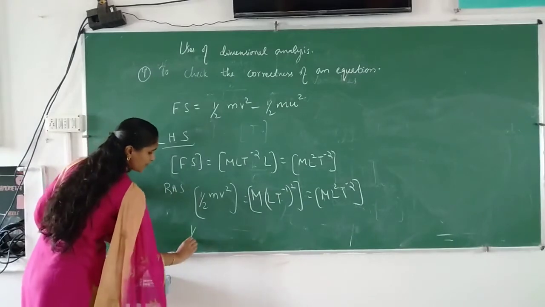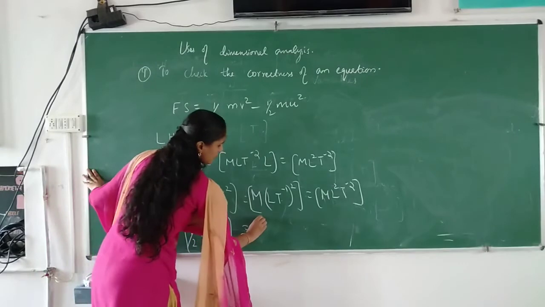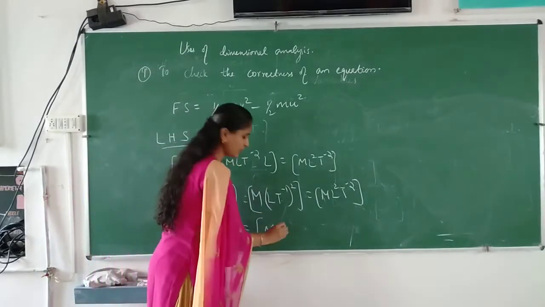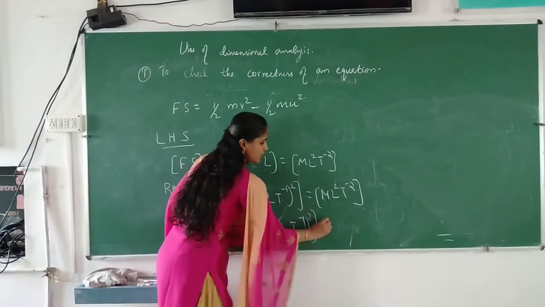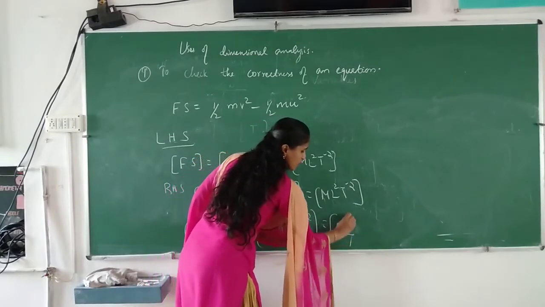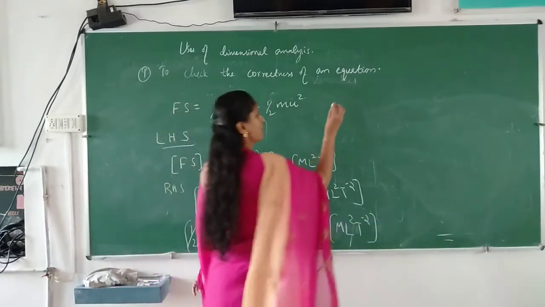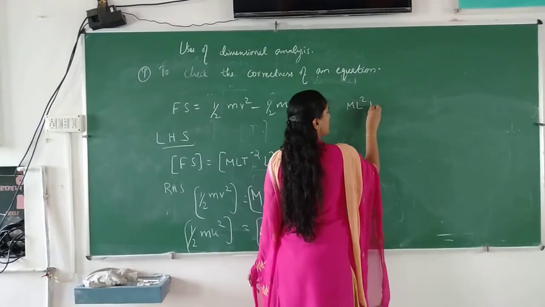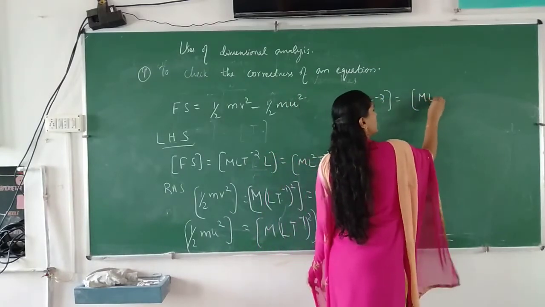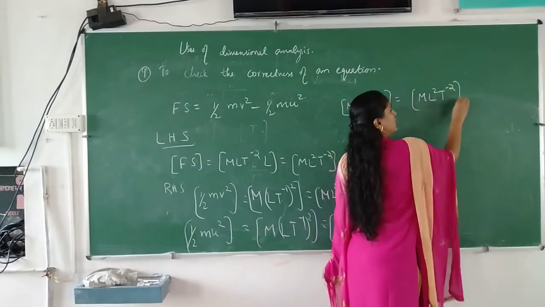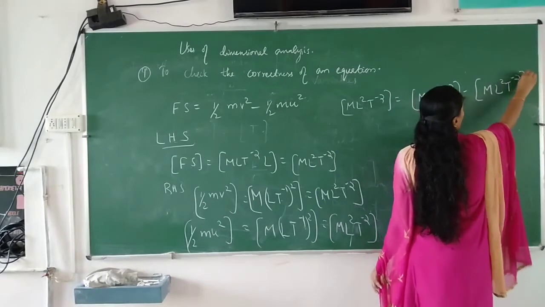Next term, half m u square. Again you will get the same because it is the initial velocity, so it is L T to the power minus 1 whole square. So you will get again M L square T to the power minus 2. Here the dimension is M L square T to the power minus 2, and this term also has the dimension M L square T to the power minus 2.